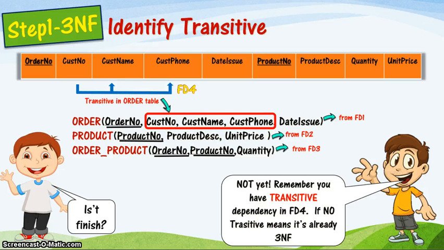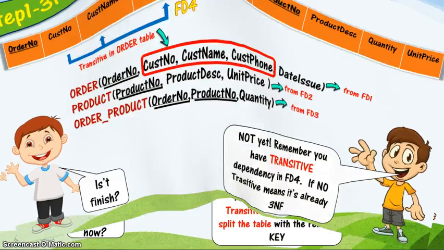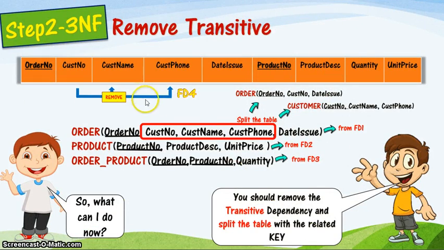Once you identify the transitive, you have to remove it. The transitive is inside the order table. It's about customer: customer number, customer name, customer phone. So you have to split the table from the order table and create another new table for customer: customer number, customer name, and customer phone.